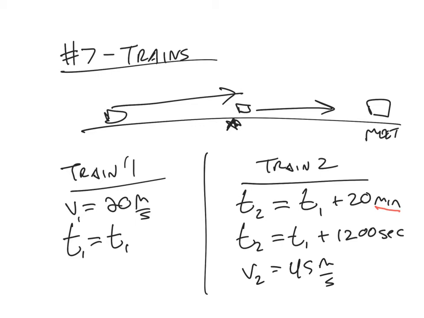How long is train 1 on the tracks if they meet an hour later? It leaves Chicago and meets the other train an hour later. So how long was it traveling? 1 hour. Good job. How many seconds is that? 3600.